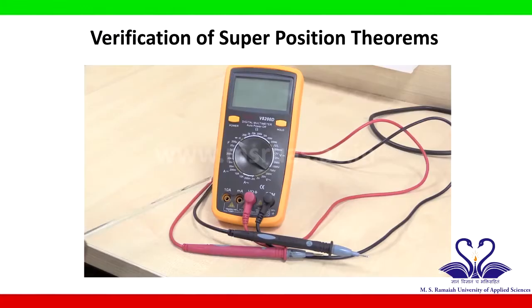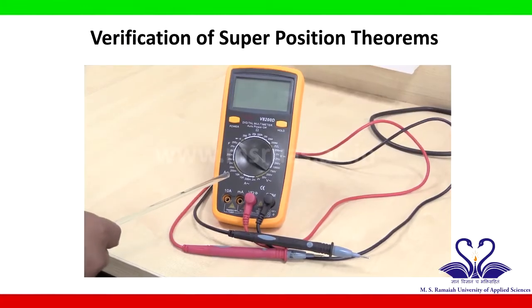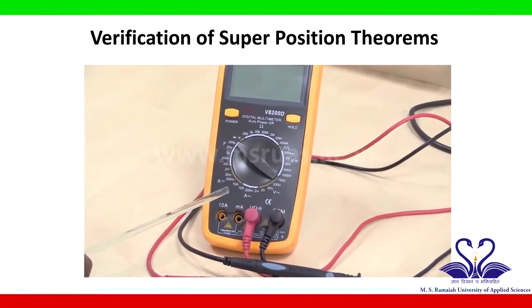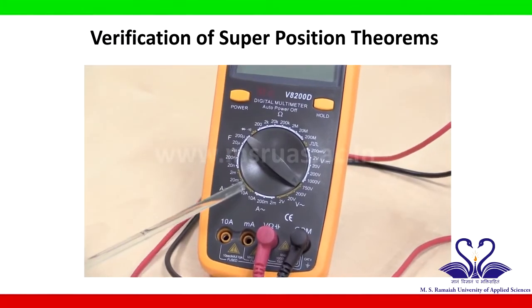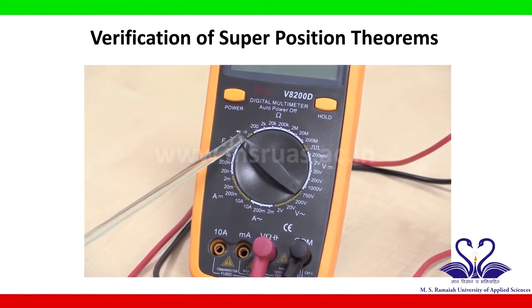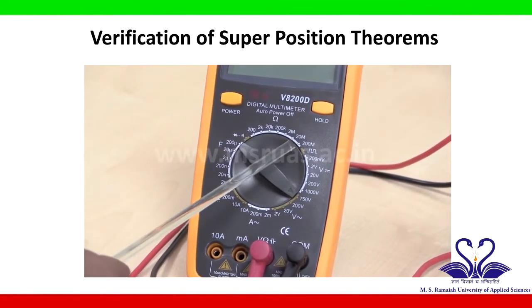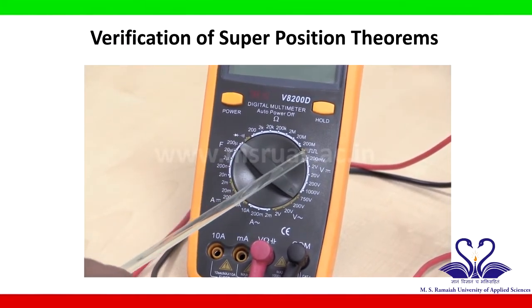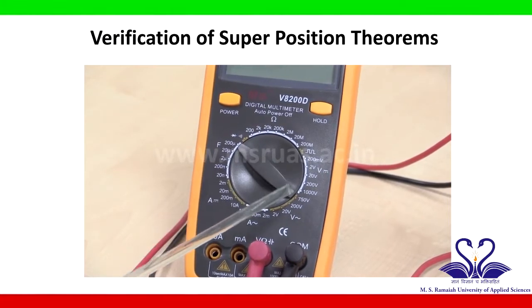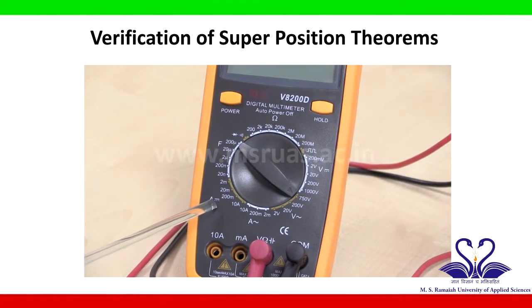Multimeter. This is a multimeter. Multimeter is a device used to measure various quantities. Using the multimeter we can measure continuity of the circuit, resistance value ranging from 200 ohms to 200 mega ohms. We can measure DC voltages, AC voltages, AC current and DC current, and also measure the value of capacitance using this meter.